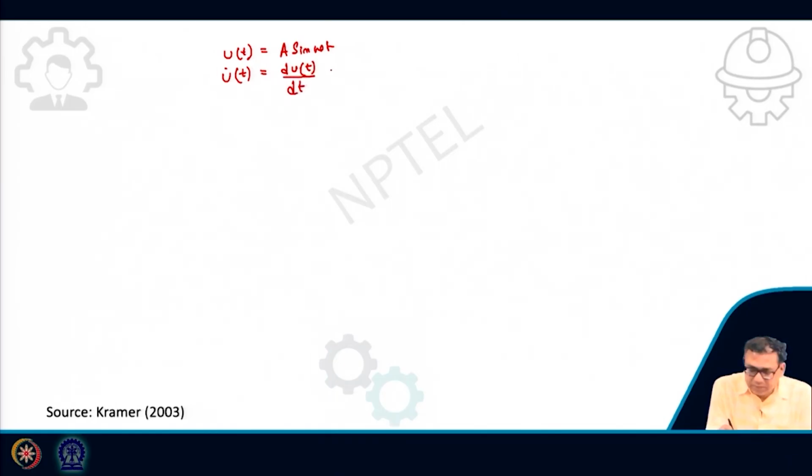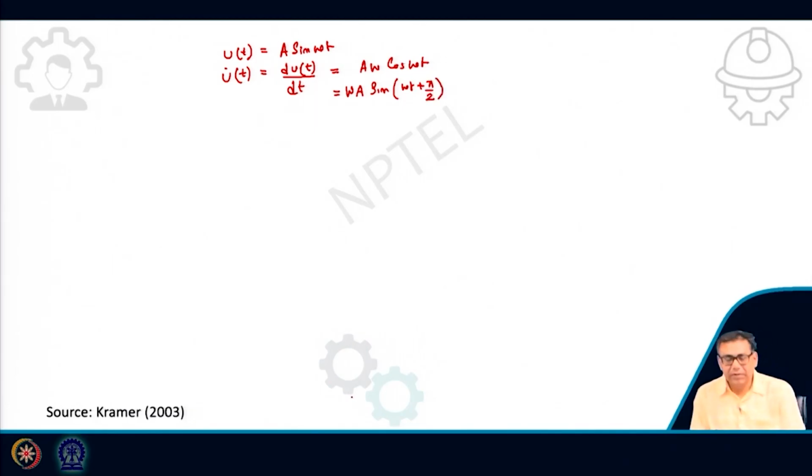If I differentiate that, this will be A omega cos omega t. So this is omega A, sin of omega t plus pi by 2, then I can convert it to cos omega t.